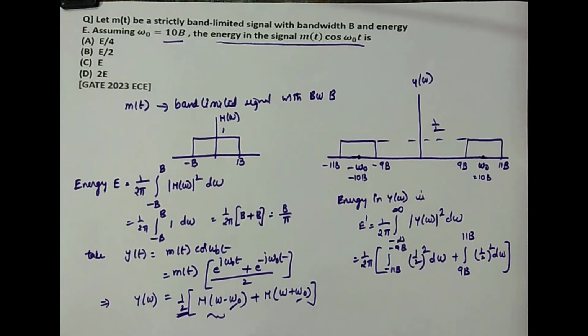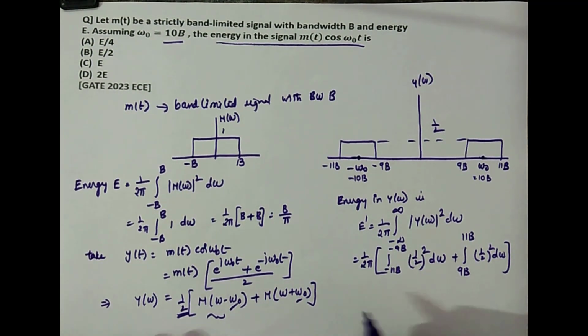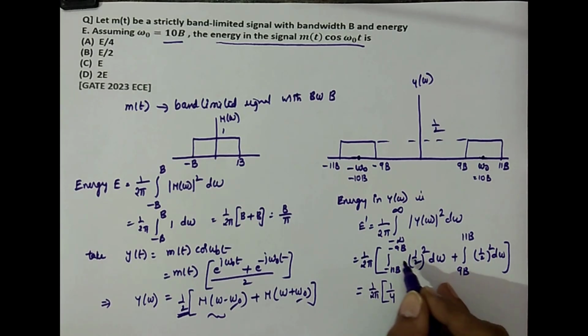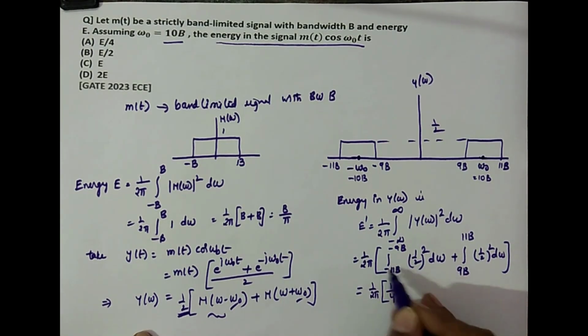So if you compute it, you're going to get E dash as 1 by 2 pi, 1 by 4 integral d omega, which is omega between the limits minus 11b to minus 9b.